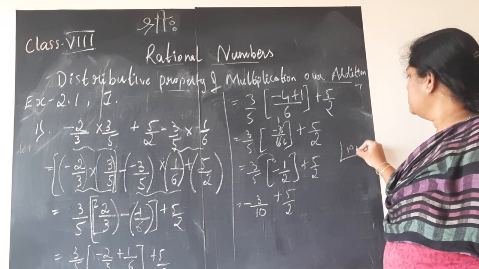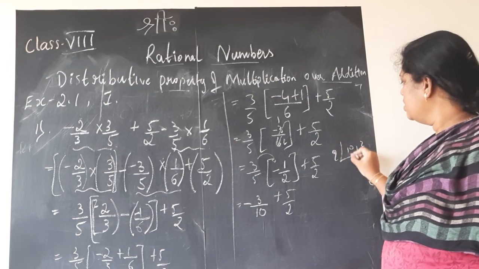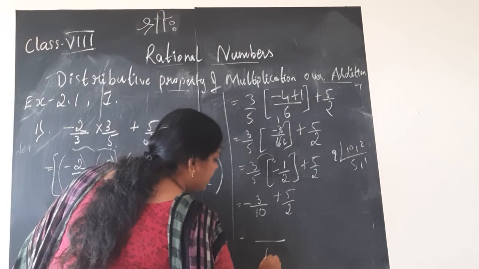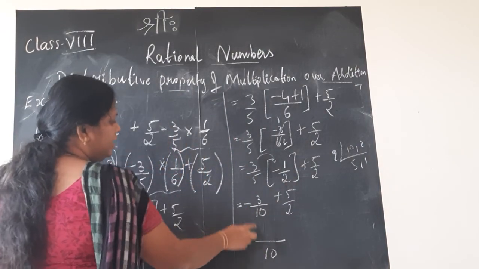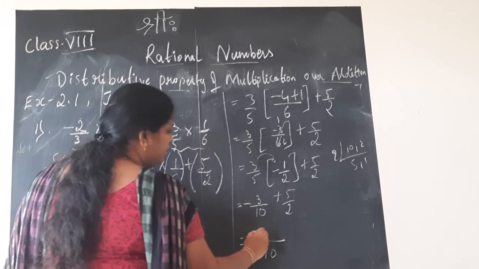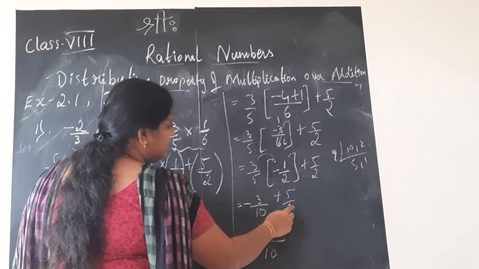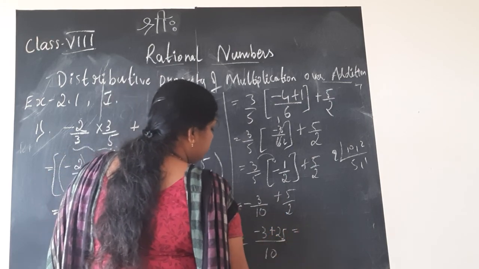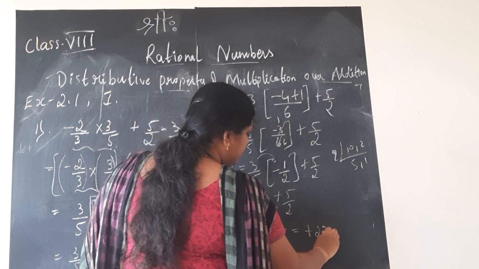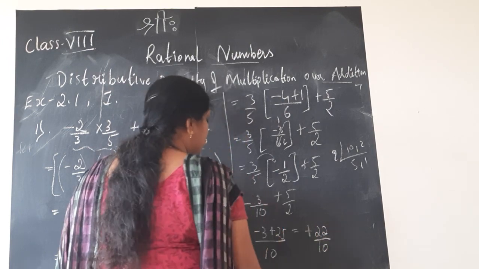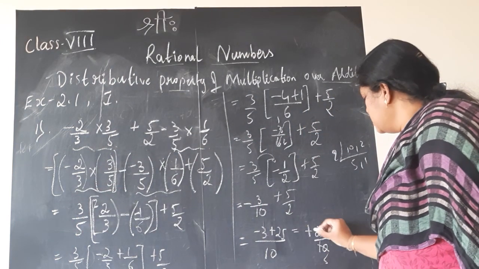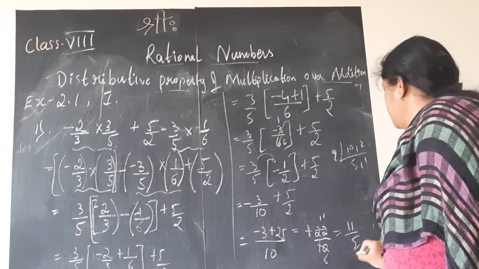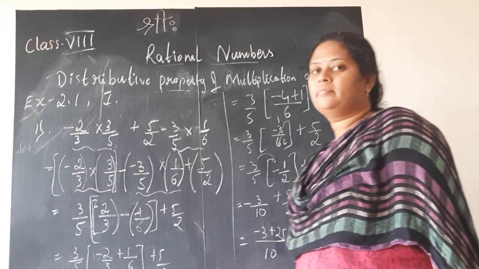Now if you take the LCM for 10 and 2, 2 5s are 10, 2 1s are 2, 5 2s are 10, again 10 is the LCM. 10 gets cancelled, remainder is 1. 1 into minus 3 is minus 3, plus as it is, 2 5s are 10, 5 into 5 is 25, plus 25 minus 3 is plus 22 divided by 10 we got. So if you simplify, 2 5s are 10, 2 11s are 22, 11 by 5 we got as the remainder.